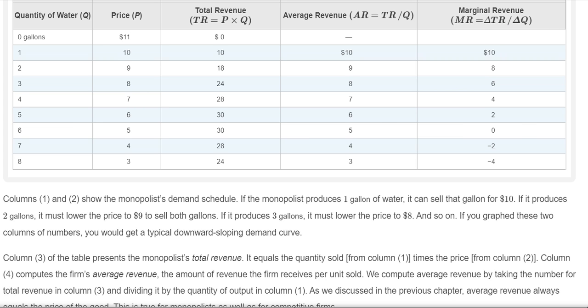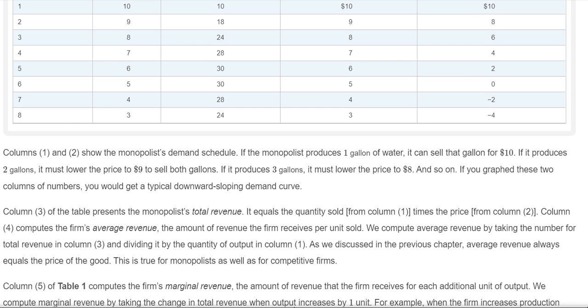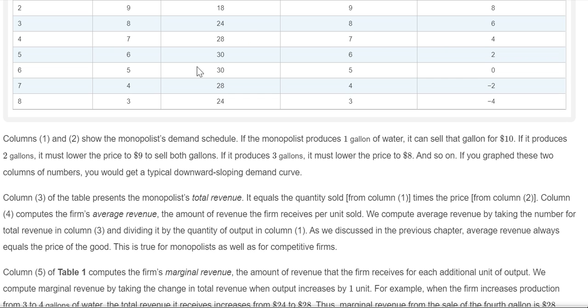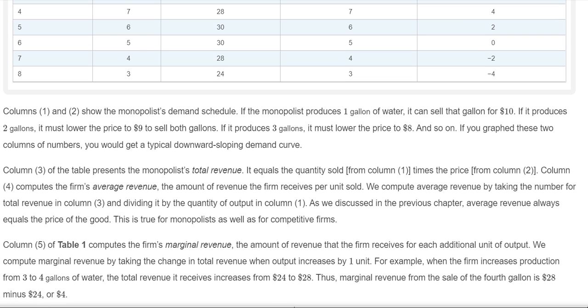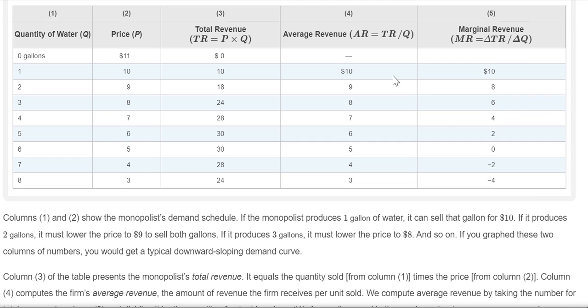For example, let's look down here. We have a situation where total revenue went from 24 to 28. I'm just picking this one randomly. That's a change of 4, correct? 28 minus 24 is 4.